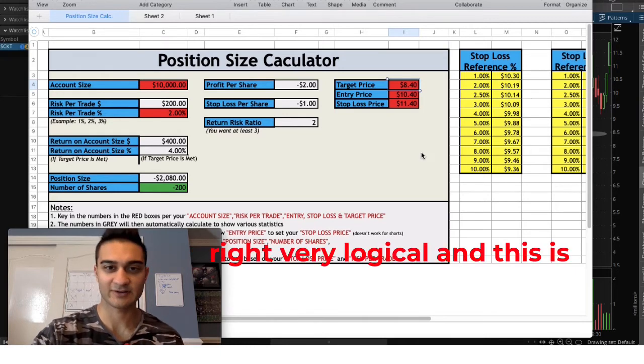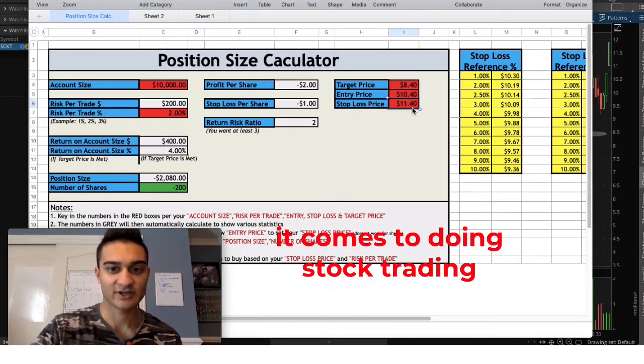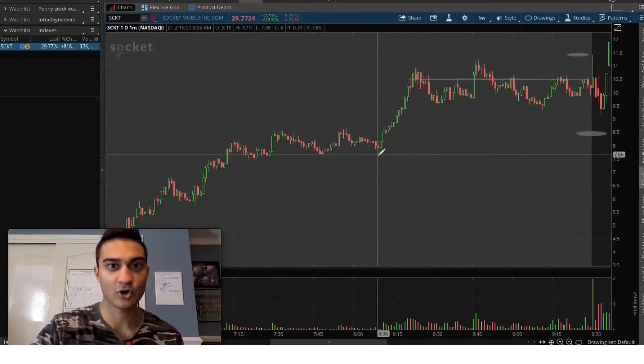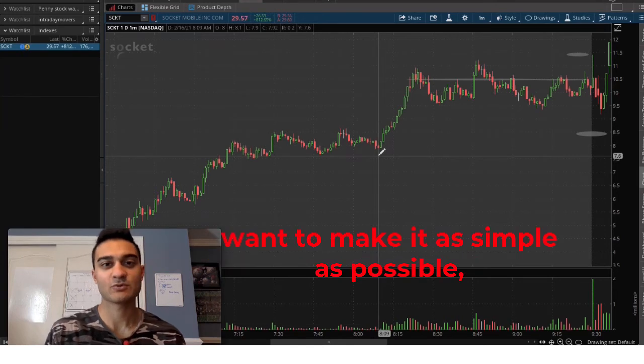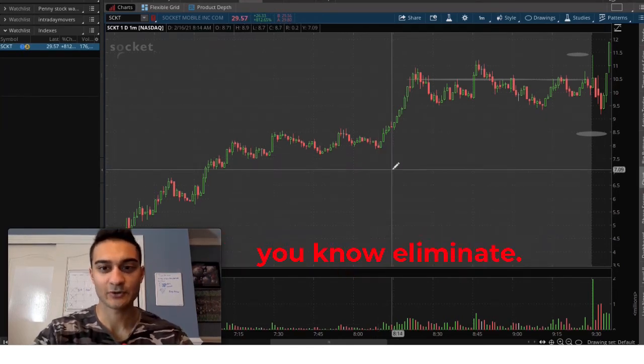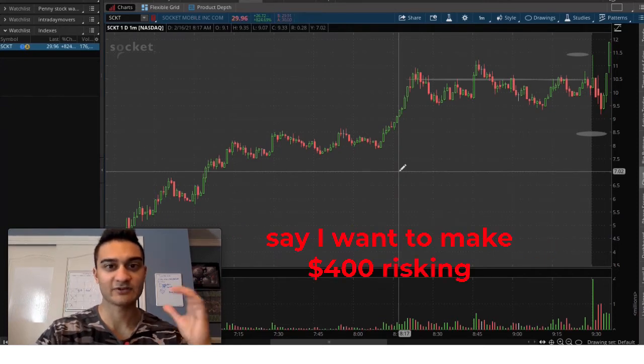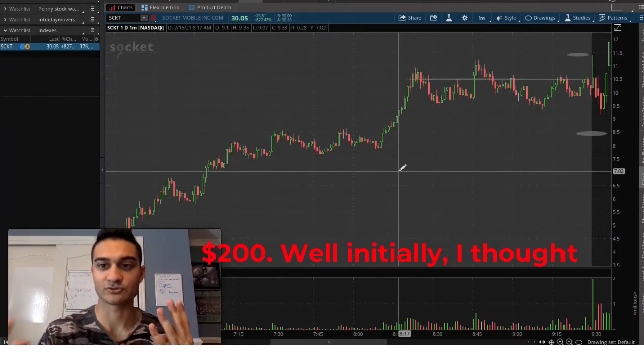This makes sense, right? Very logical, and a lot more clear and concise when it comes to stock trading than when you see all these bars, all these resistances. I just want to make it as simple as possible, eliminate the emotions, be very concise, and say I want to make $400 risking $200.